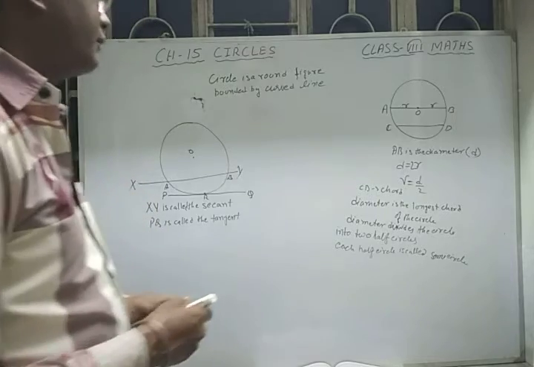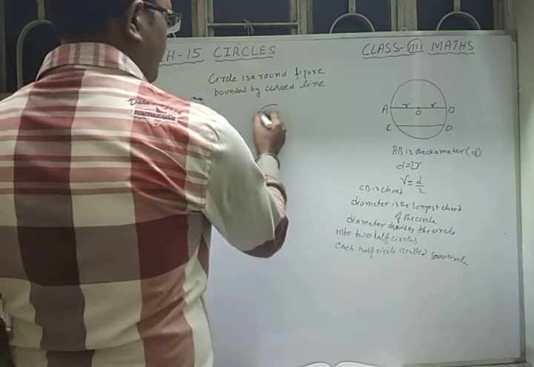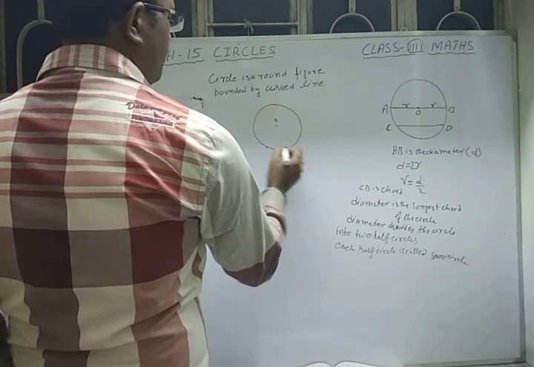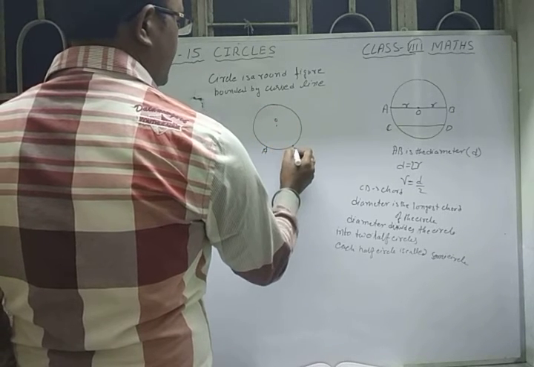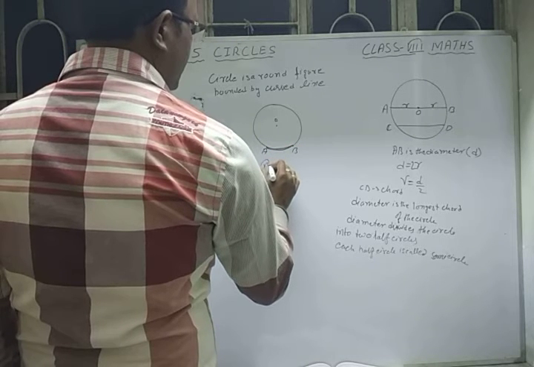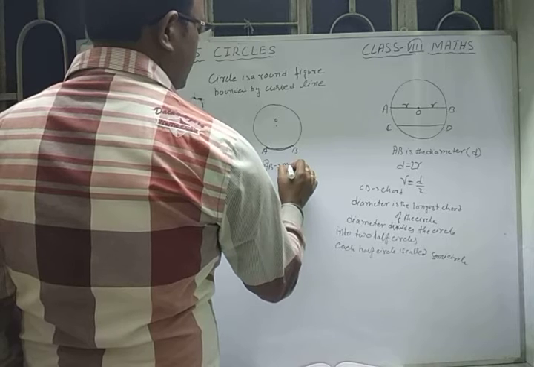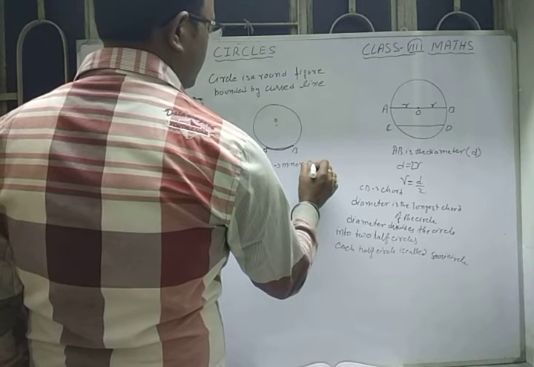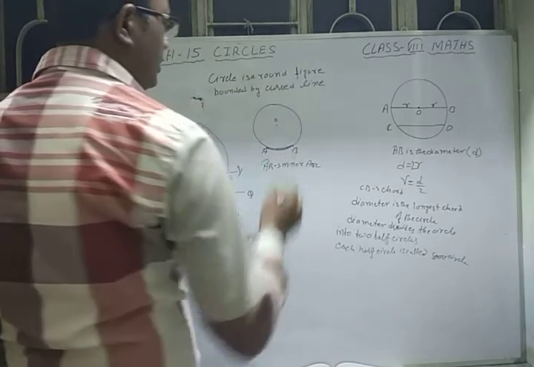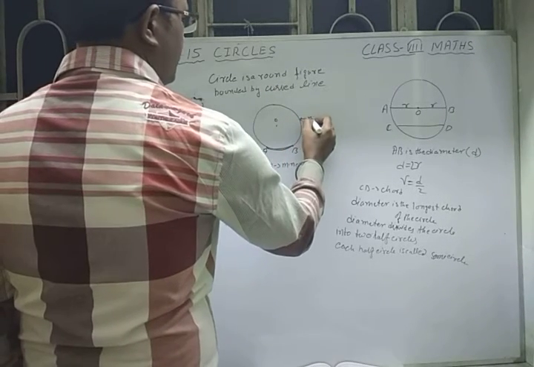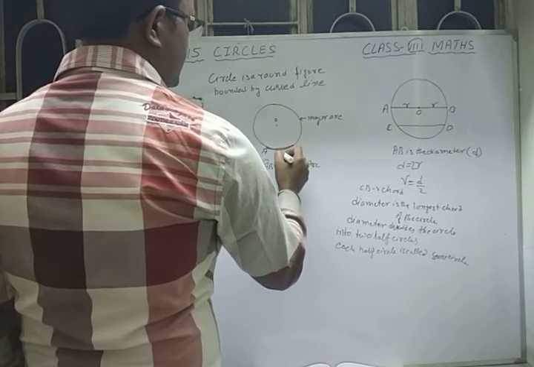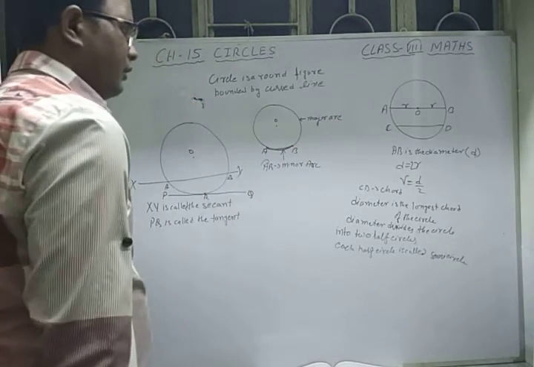If I take a circle like this, a portion of the circumference like AB is called arc AB, and this arc is the minor arc, and the rest of the portion is called the major arc.